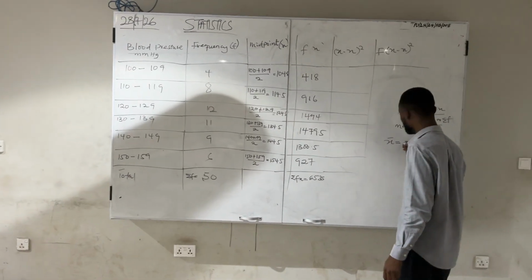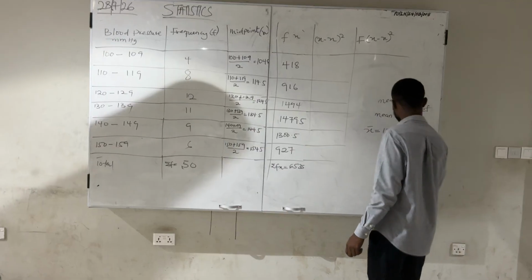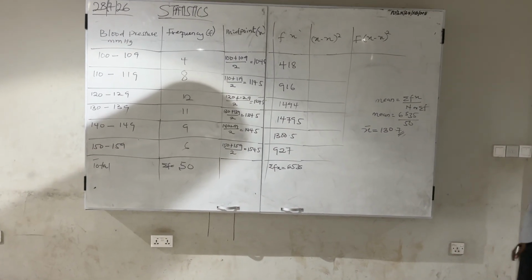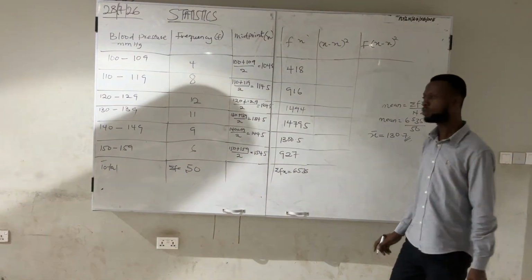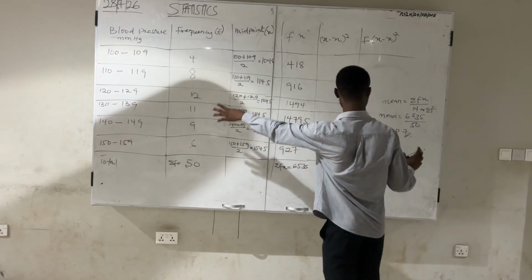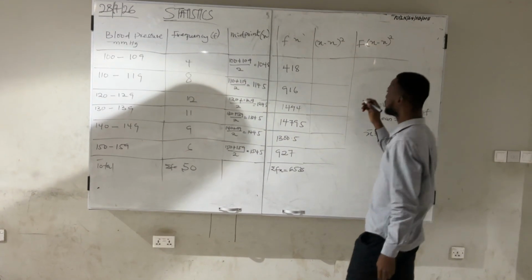So therefore we have our mean as 130.7. We are going to use this mean in calculating our deviation. So what we are going to do is take each value, subtract the mean from it, then square it.